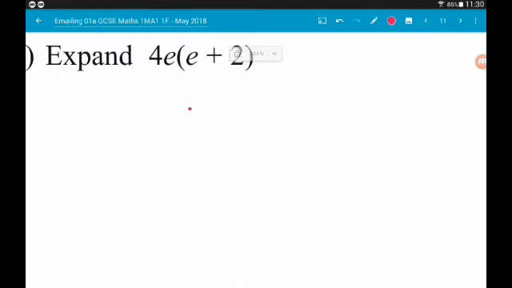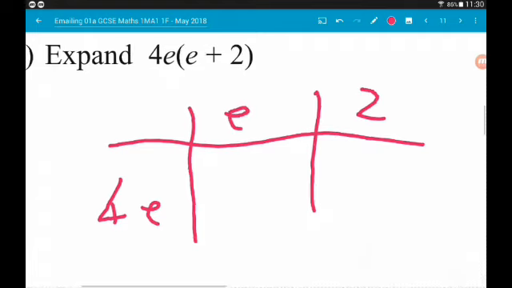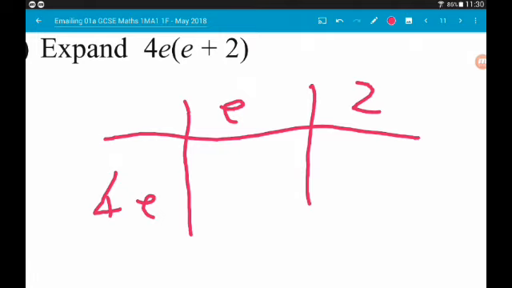So I'm going to do this using a table because it lays it out nicely. So we're going to put 4e here and then e and 2 on top. Now 4e times e is going to be 4e squared, and then 4e times 2 is 8e.